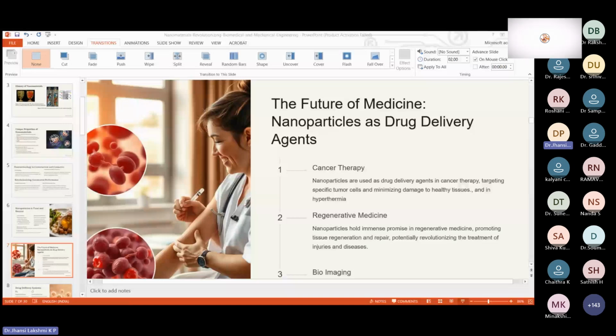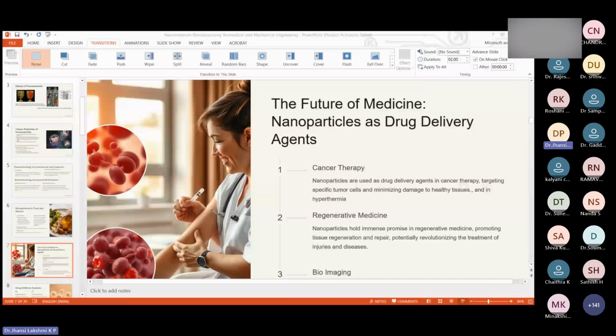Coming to the drug delivery system, let us discuss a little bit what is meant by drug delivery system. It is once again targeted delivery. Nanocarriers can be designed to target specific cells or tissues, improving drug efficiency and reducing side effects. It will have even controlled release.